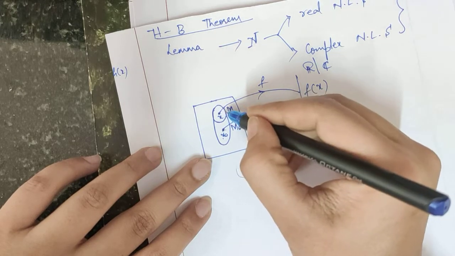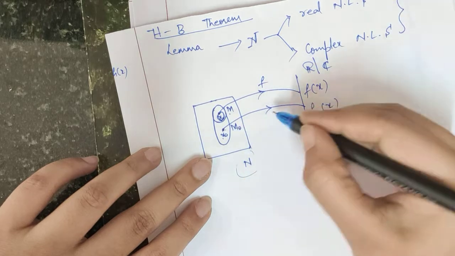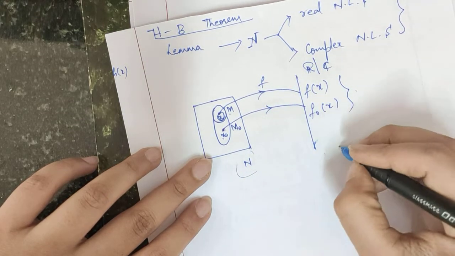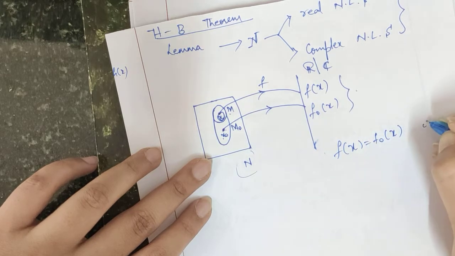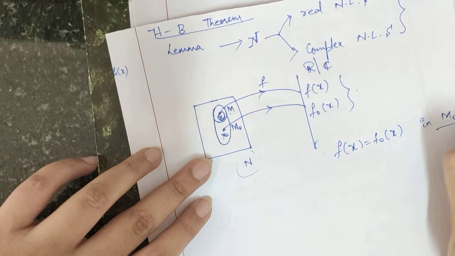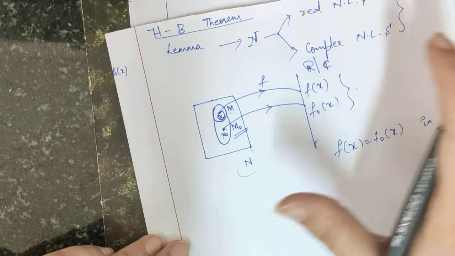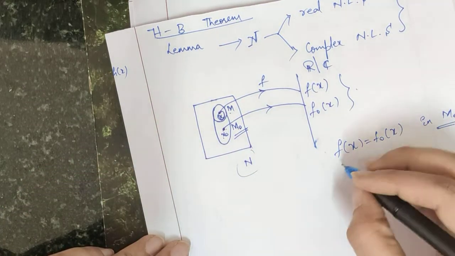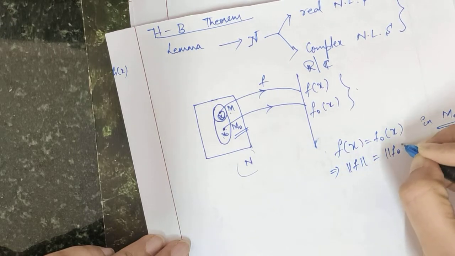Since this point x belongs to m as well as m naught, after mapping also we can say that f of x is equal to f naught of x in m naught. Now we are speaking about the space m naught. So this part of the proof is over. From this we can conclude that norm f is equal to norm f naught.